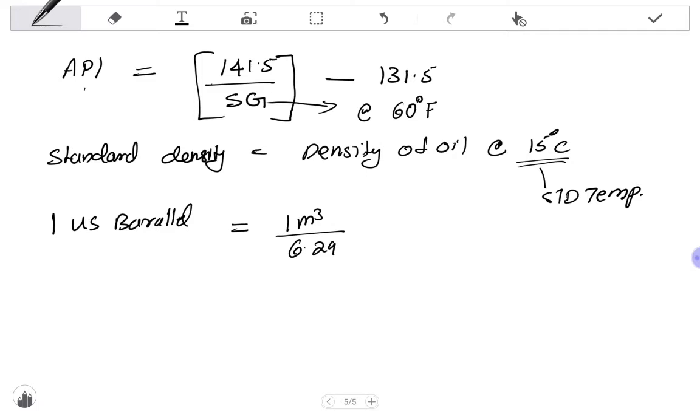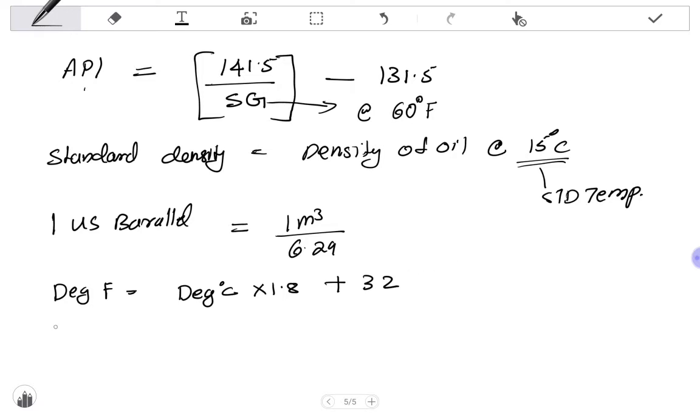No, that is not the actual way. The actual formula is degrees Fahrenheit equals degrees Celsius multiplied by 1.8, plus 32.